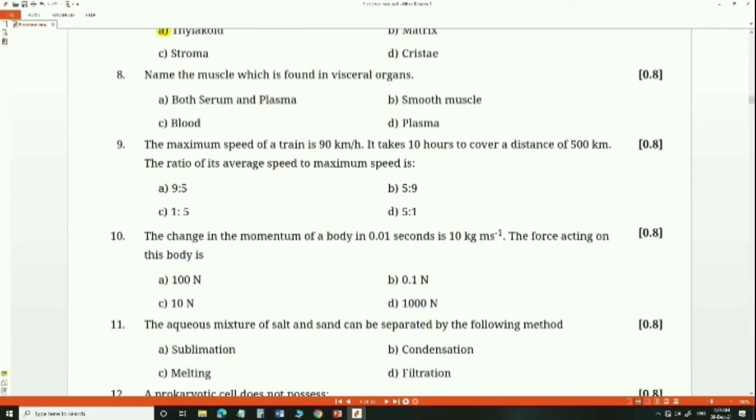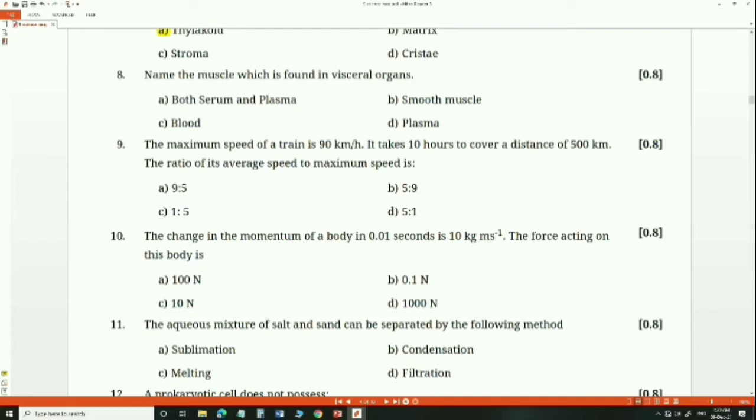Understand? Now, name the muscle which is found in visceral organs. A. Both serum and plasma. B. Smooth muscle. C. Blood. D. Plasma.